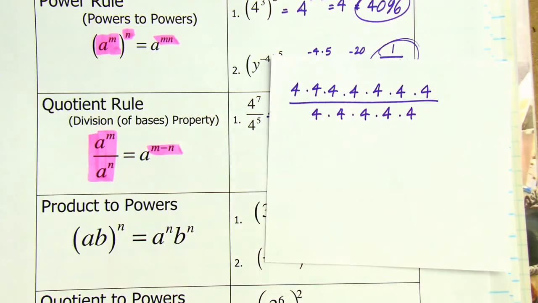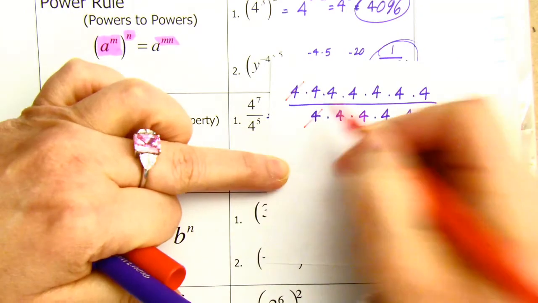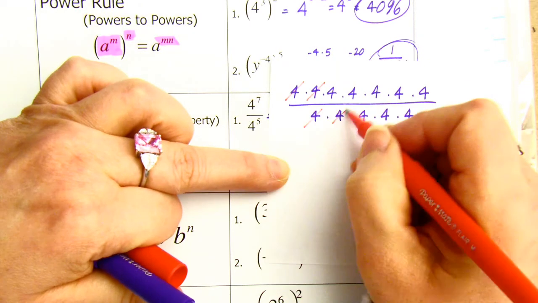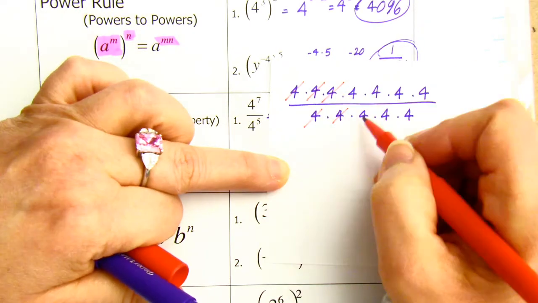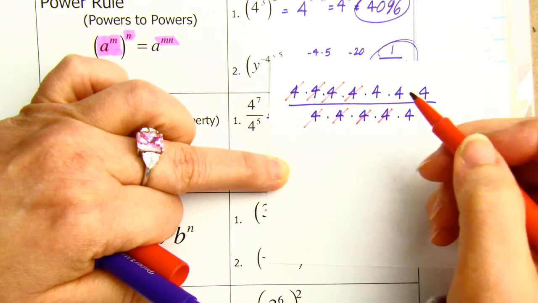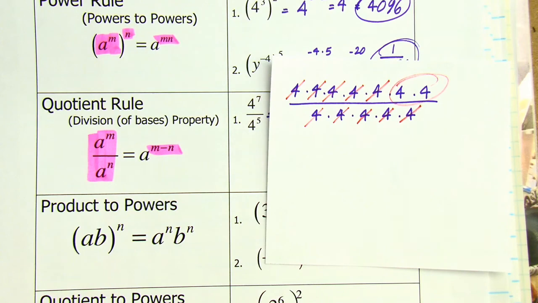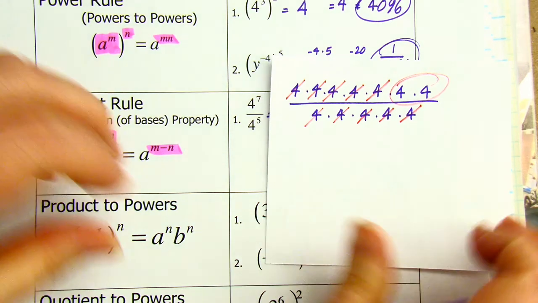So when I do these in my head, I always say, oh, well, okay, that divides out and becomes a 1. There's a numerator-denominator pair, another numerator-denominator pair, another numerator-denominator pair, and 1 more. What's left is 2 4s up top. That's 4 squared, which is 16.